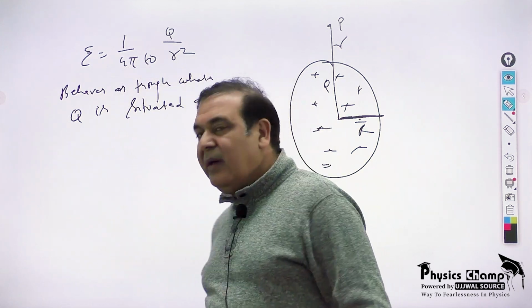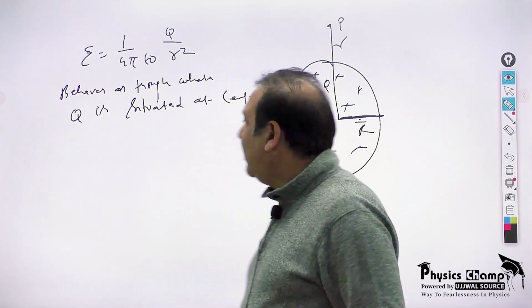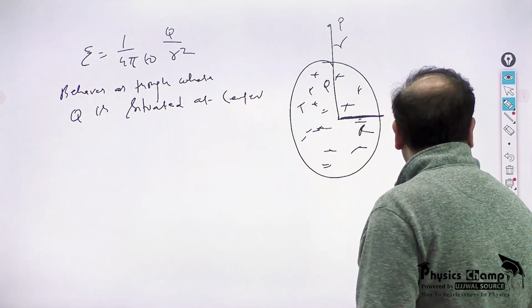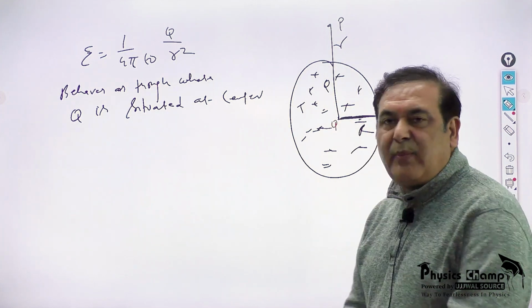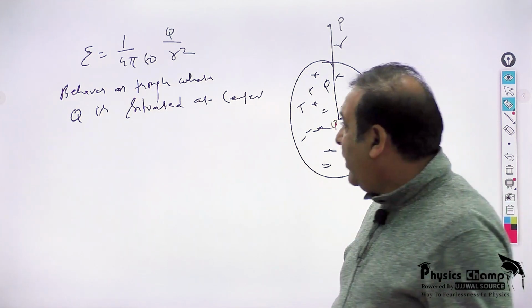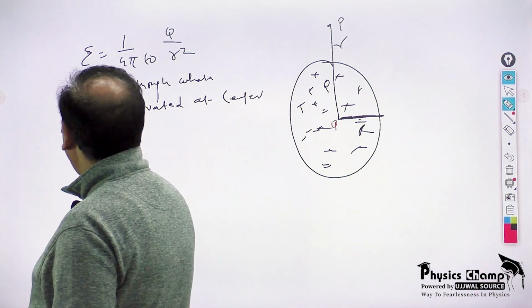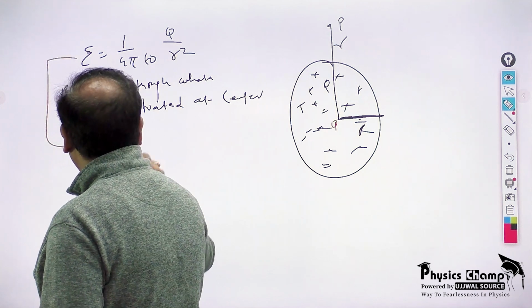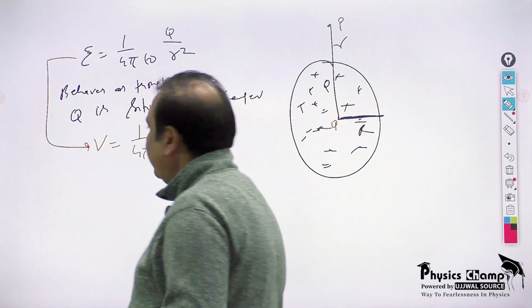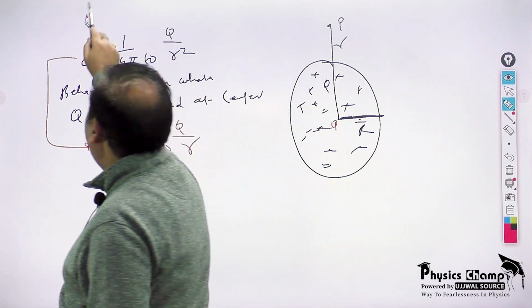It is as though the whole charge Q was not distributed uniformly, but was somewhere here as a point charge. And that's why the potential with the same concept will be written as 1 by 4 pi epsilon naught Q by R. This is for an outside point.